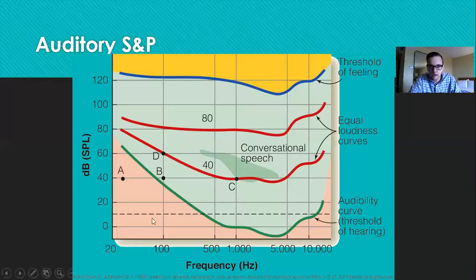And so if we go back to this audibility curve, notice that we are most sensitive to sounds around 3,000 hertz. It doesn't take much for us to hear a sound at 3,000 hertz. Why? Because an incoming 3,000 hertz sound resonates with the 3,000 hertz sound being reflected by our ear, and it gets amplified the most.